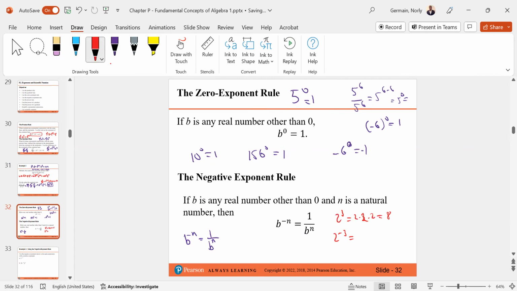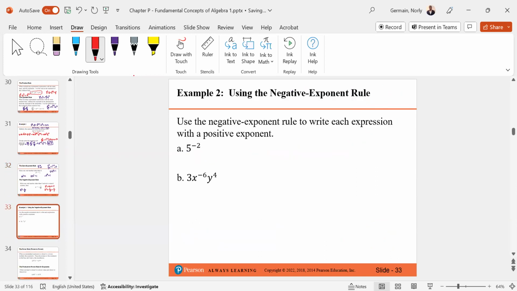With a scientific calculator, possibly it can give it to you. But what you need to do is flip it. If the negative exponent is in the numerator, you need to jump it to the denominator. If it's in the denominator, jump it to the numerator. So that would be 1 over 2 power positive 3. So it's 1 over 8. Okay. All right. If you got that, how about we try some examples?